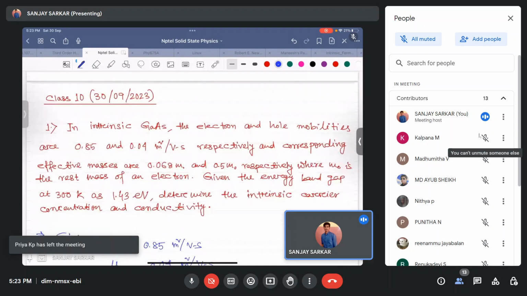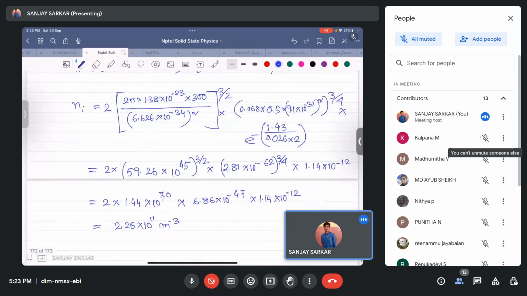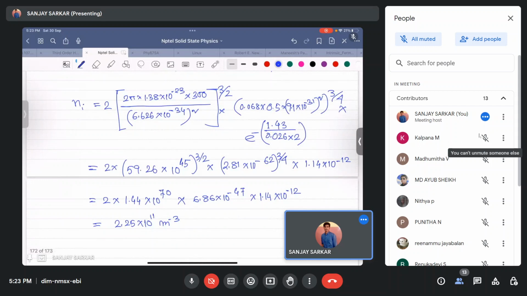So in the semiconductors problem, you have lengthy calculations, so you have to do it. There is no other way. If you find the answer, then let me know.